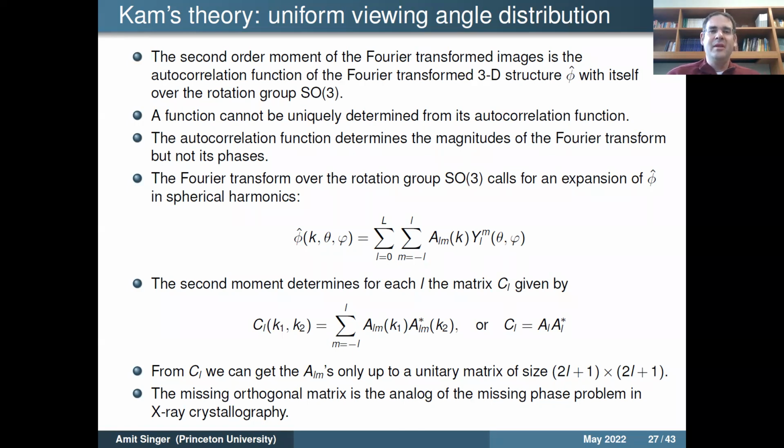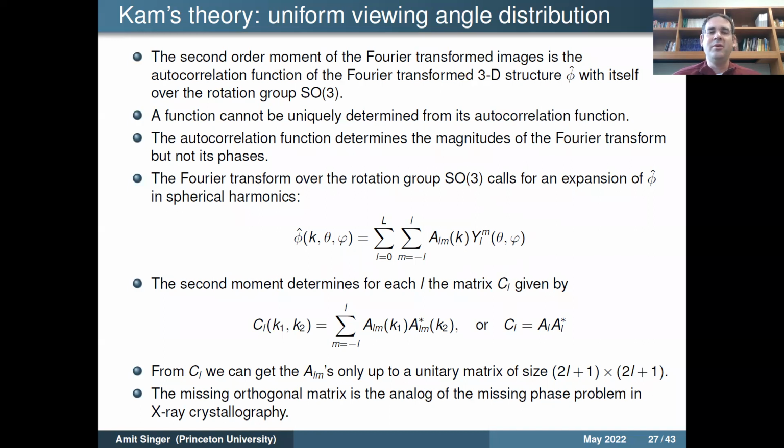So the signal is going to be unique only up to those missing phases. And similarly, this is what happens in cryo-EM. If phi hat is the 3D Fourier transform of the molecule, and I expand it in spherical harmonics, the Y_LMs are the spherical harmonics, and the A_LMs are unknown coefficients, or unknown functions, if you wish, of the radial frequency.